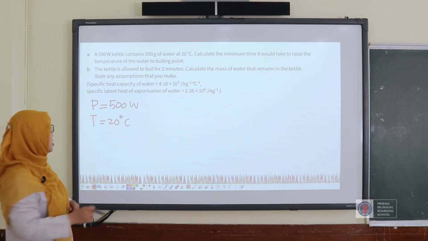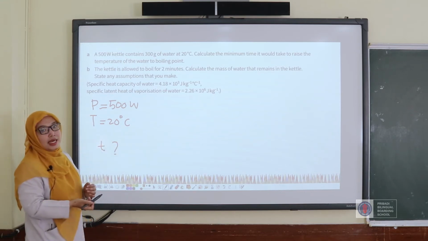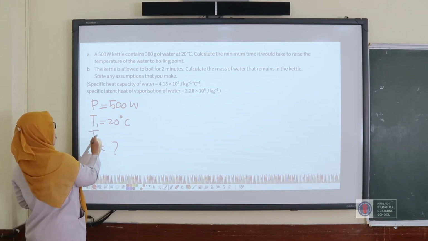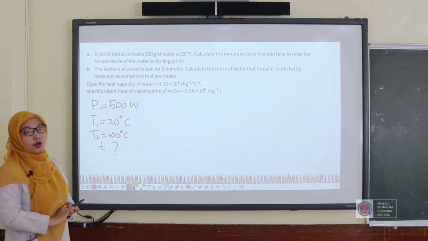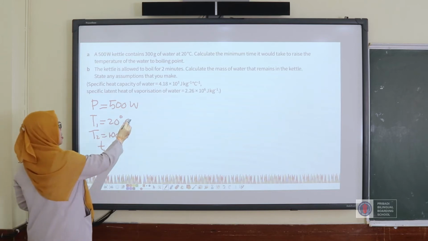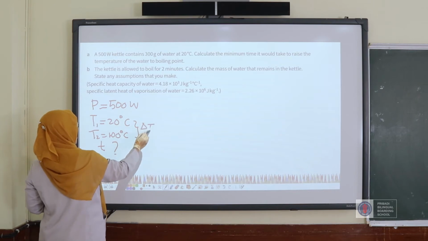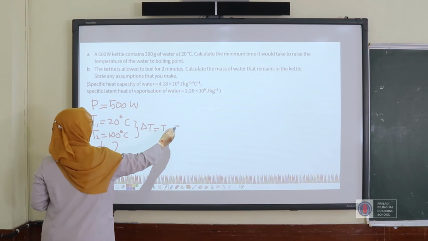So we have to find the time required until the water is boiling. Remember that the water is boiling at 100 degrees Celsius. So from these two given temperatures, we can find the change in temperature. The change in temperature of the water is T2 negative T1.